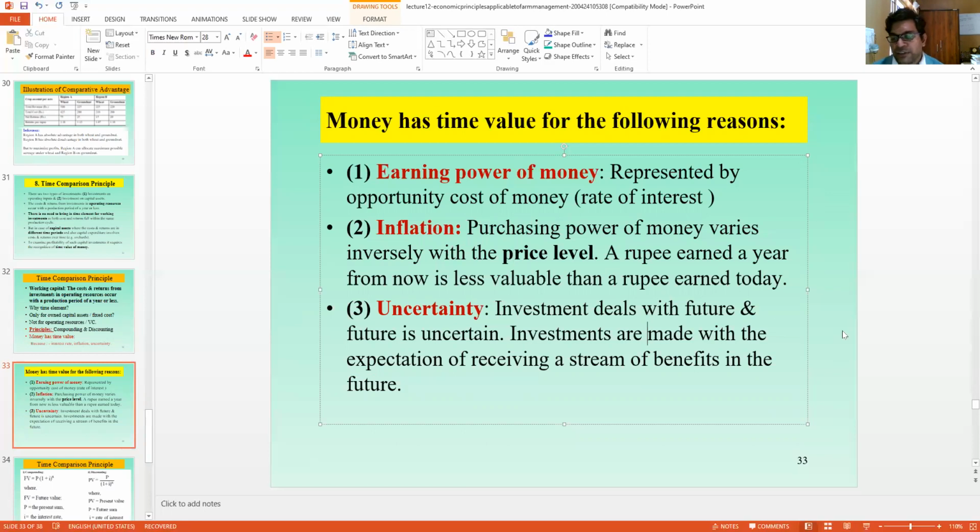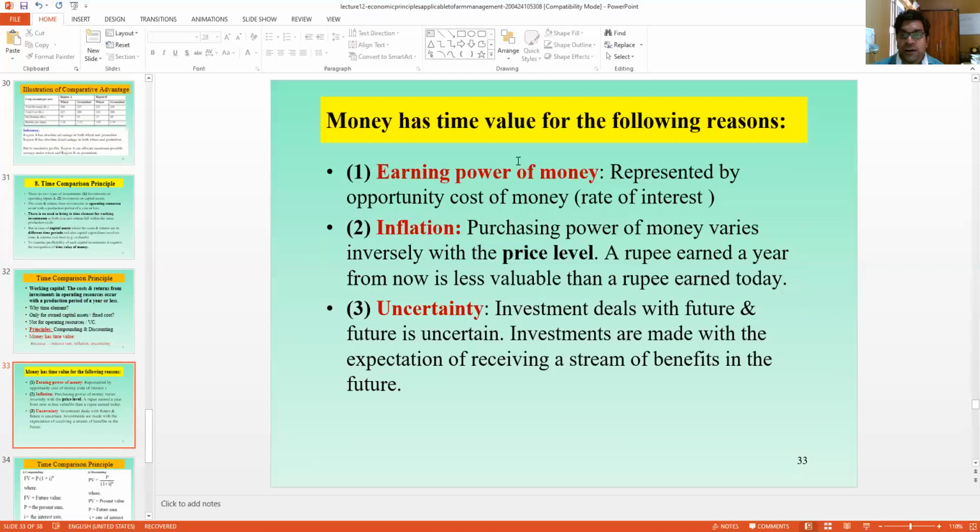Then uncertainty. We need to deal with the time comparison principle because we have uncertainty. If you're investing in some enterprise, for example, greenhouse construction, which is going to give us results or outcome after 5 years. Right now, we are taking a decision and we are uncertain whether it is going to give us returns or not. But even then, we are going for it, hoping that it will give us returns.